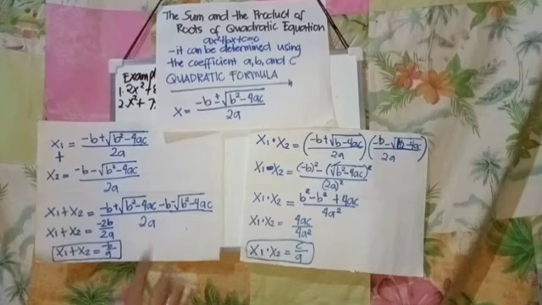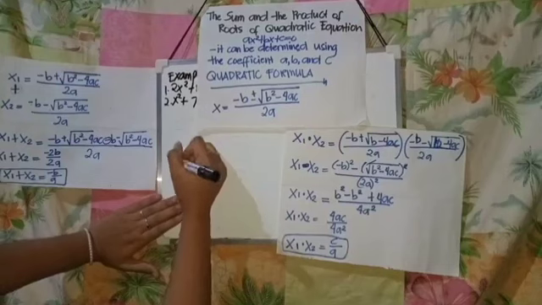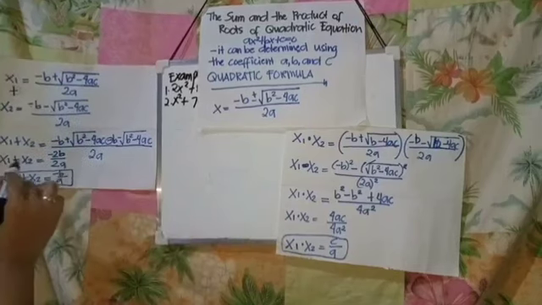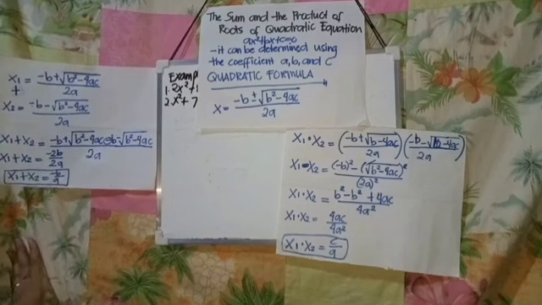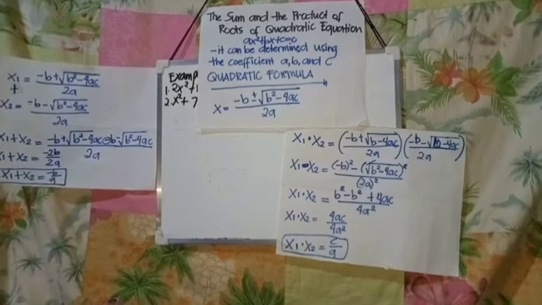Now, since they have the same denominator, why does x sub 1 plus x sub 2 equal negative 2b over 2a?